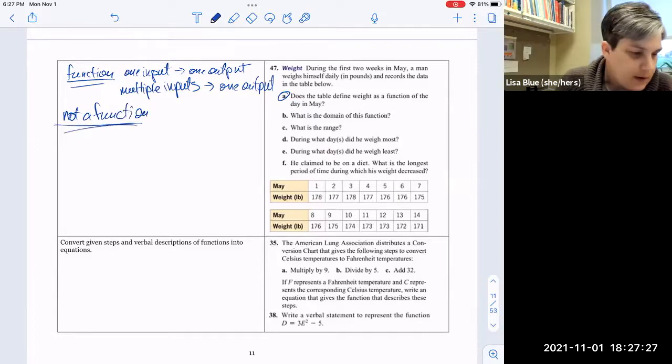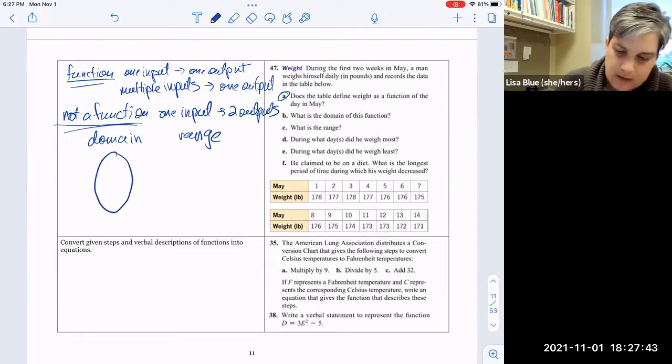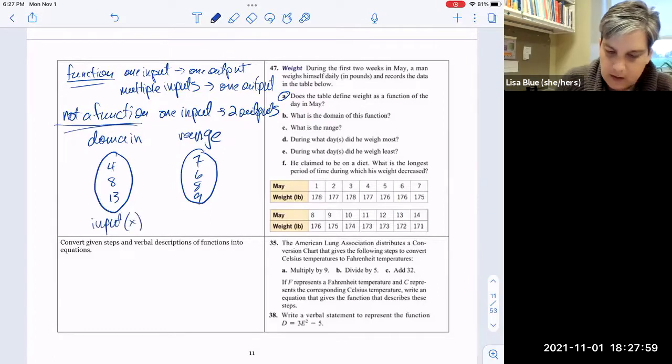Not a function means that we've got one input going to two outputs. So for example, if we had a domain and a range, these little maps kind of help demonstrate this. All right, so if we had 4, 8, and 13, and our outputs were 7, 6, 8, and 9. Okay, so this is input for our X value.